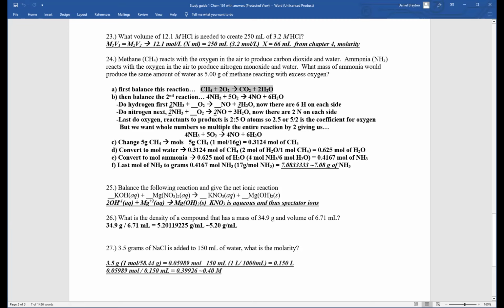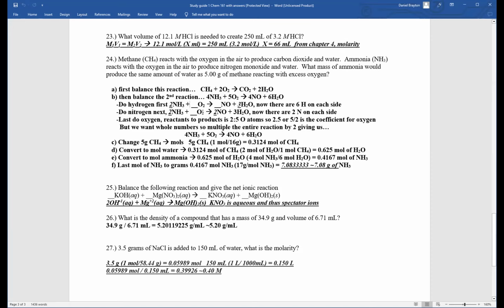Okay, then it's saying ammonia, and it gives you the formula for that, reacts with oxygen again in the air to produce nitrogen monoxide and water. So same thing here, where you've got to come up with the chemical equation and then balance it. You've got nitrogen and hydrogen, so you need to do those two.